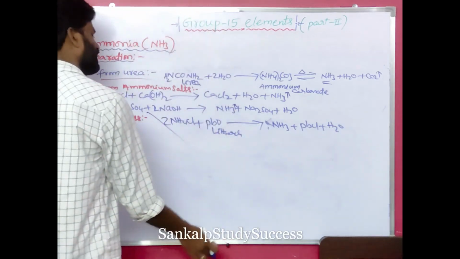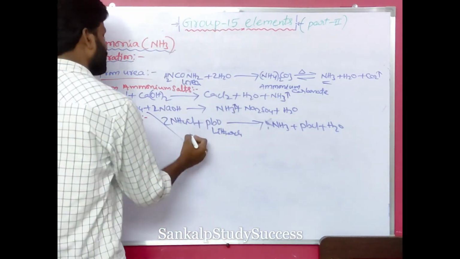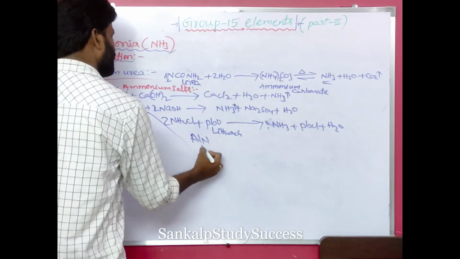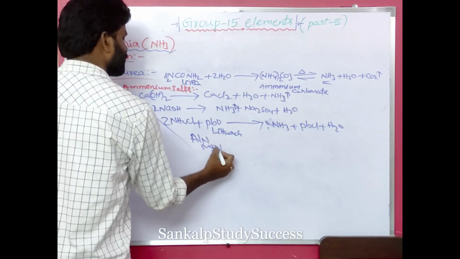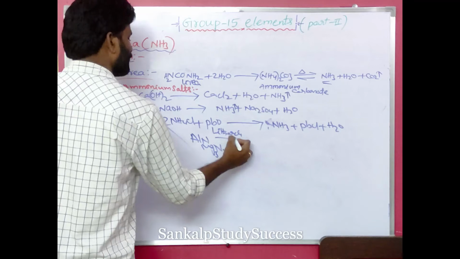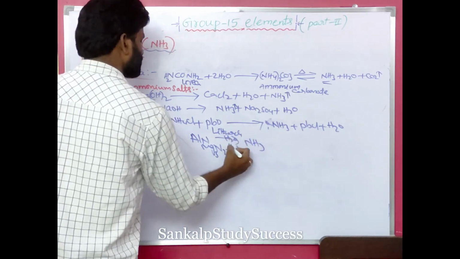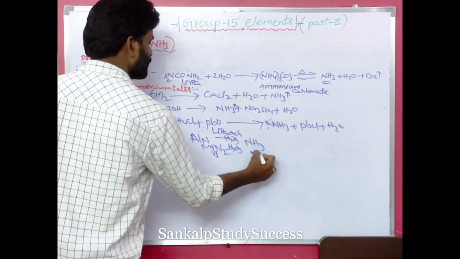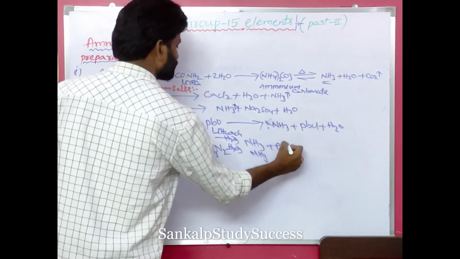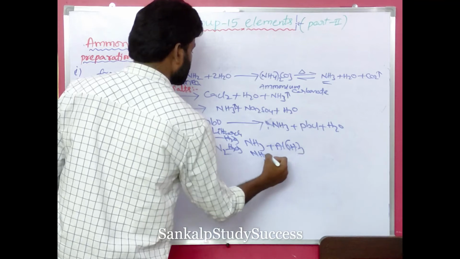This is another method. Also, on hydrolysis of aluminum nitride and magnesium nitride, ammonia can be produced. These are the preparation methods of ammonia.